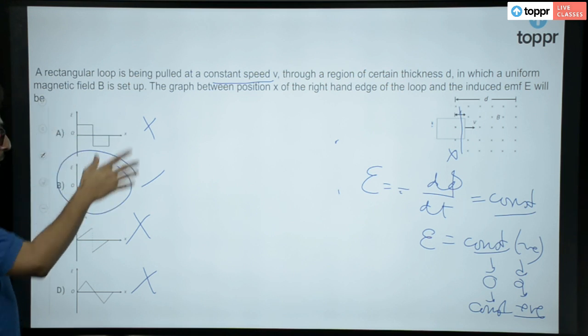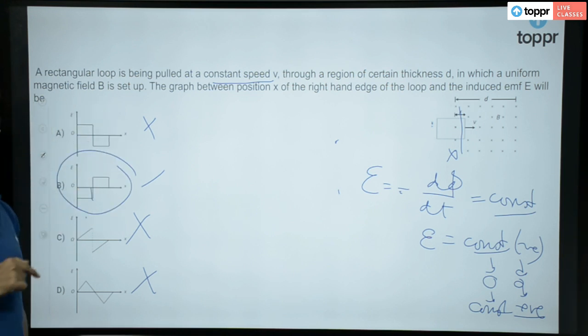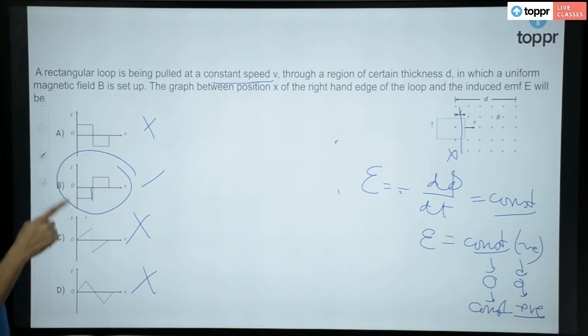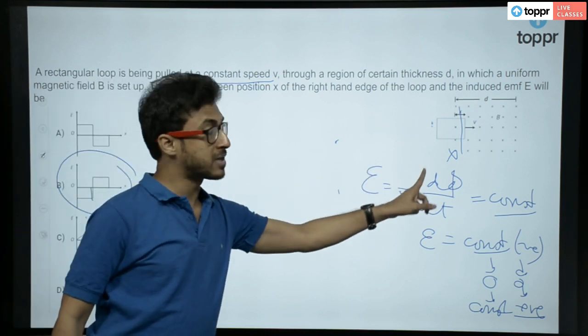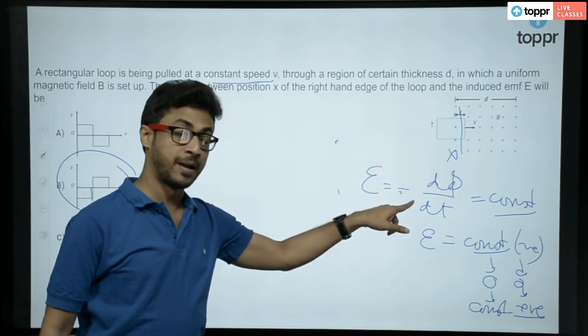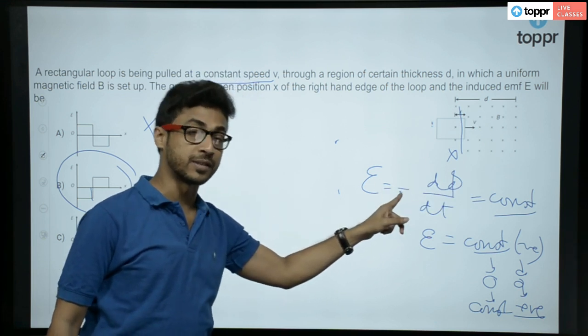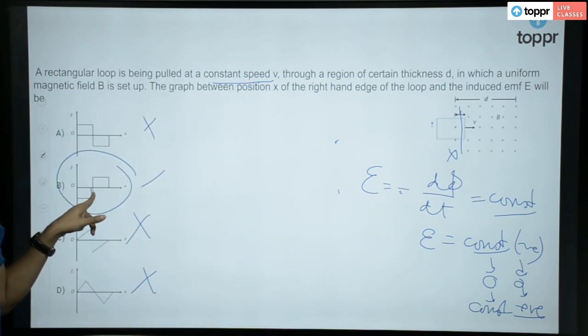Then with the probable answers, we look into the actual answer. So these two will be the probable answers, but in that, this is the answer, because first d phi dt is positive, so EMF is negative. Then when moving out, d phi dt is negative, EMF is positive. This will be the answer.